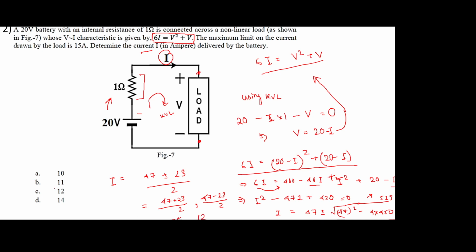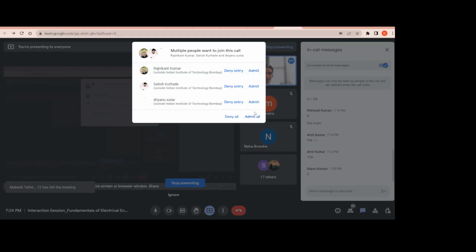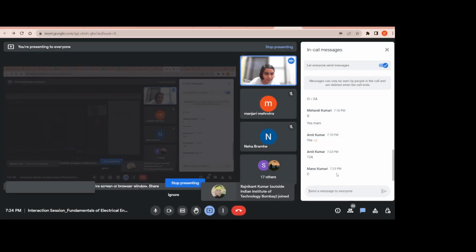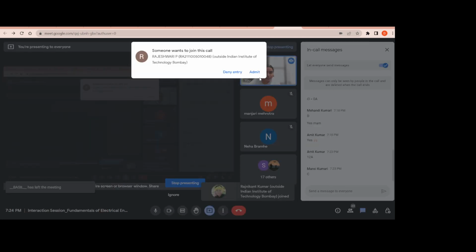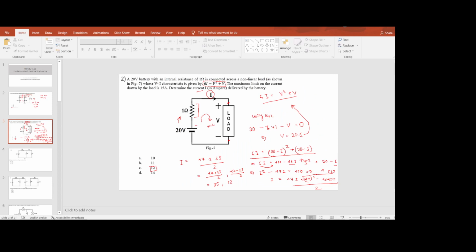It is pretty visible from the answer that 12 is given. But why is 35 the wrong answer? Can anyone tell me? Someone must have put something in the chat. Let's admit everyone. Can anyone suggest why 35 ampere is the wrong answer?